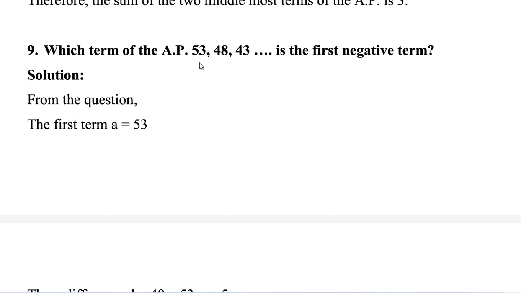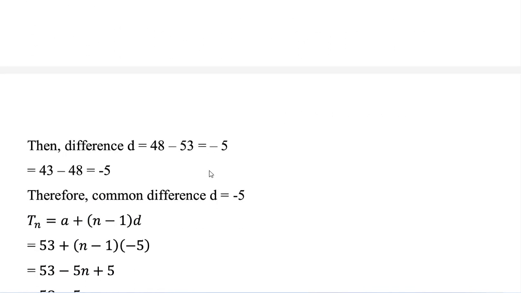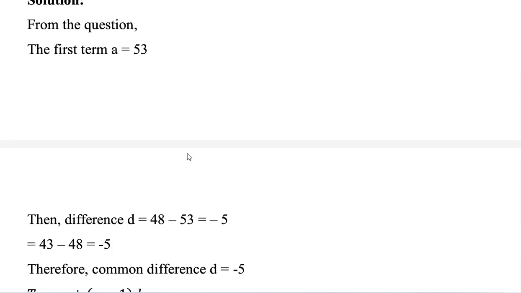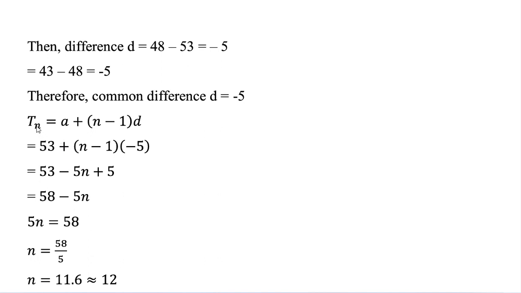Which term of the AP 53, 48, 43, ... is the first negative term? So A will be equal to 53, common difference D is 48 minus 53, that comes to minus 5. Okay, so let's calculate Tn.